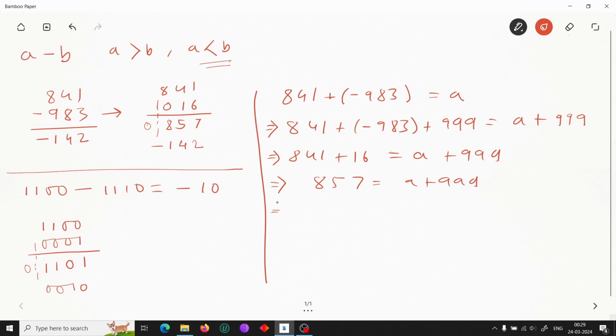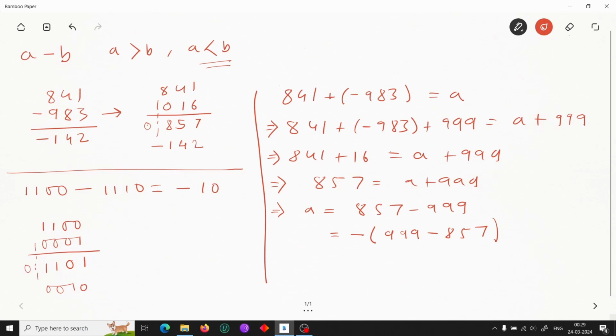Okay, now we are going to change the sides, and that would give me 857 minus of 999. And then I do one extra step here. I take the minus common and we change the positions, basically 857. Okay, now you see here, subtracting it from 999, isn't it similar to a complementing process?